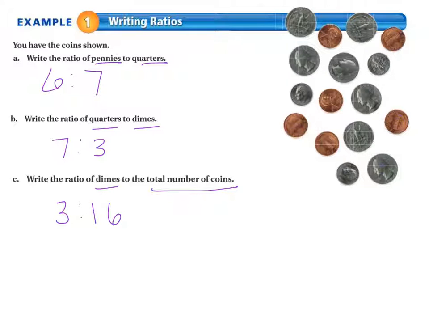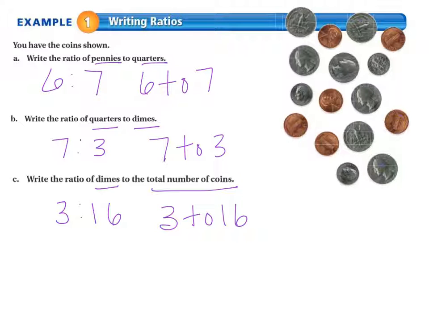Another way that you could write each one of these, instead of a colon, is to write the word "to": 6 to 7, 7 to 3, 3 to 16. But order matters. If it asks for quarters to dimes, the number of quarters has to go first, and dimes has to go second.